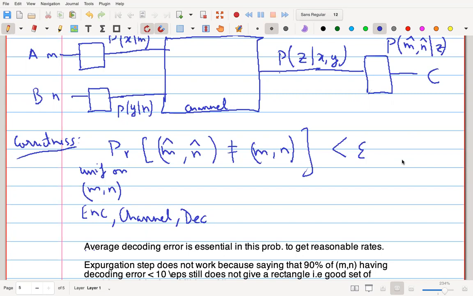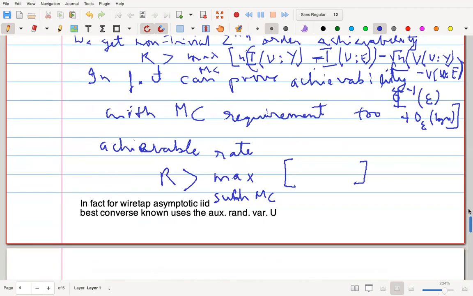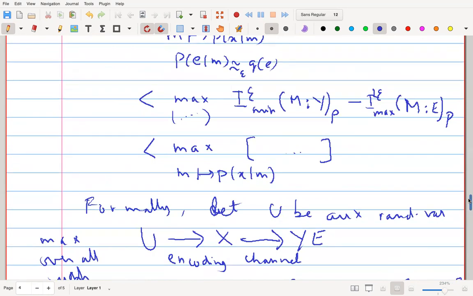From one shot you can get the information spectrum bound, so since you asked, it will be the obvious one. Let me just call it asymptotic non-IID.